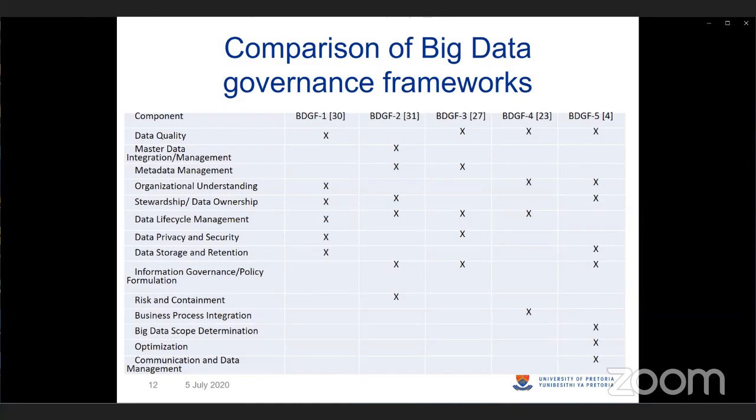For instances where components have the same meaning but were named differently, a generalized label was used for each of the components, and these were the components on the left-hand side. The comparison aims to highlight the similarities between each framework and identify the key components that should be incorporated into the conceptual big data governance framework. For example, data quality and master data management.